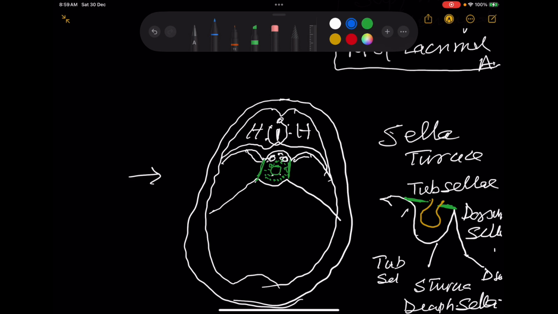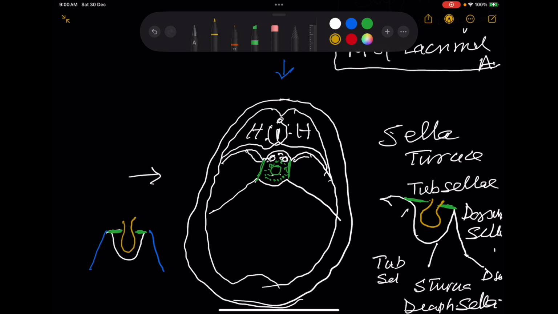On each side of this hypophysis cerebri, if you see it from the anterior view, you will find that here is your diaphragma sellae, and here is the pituitary gland.